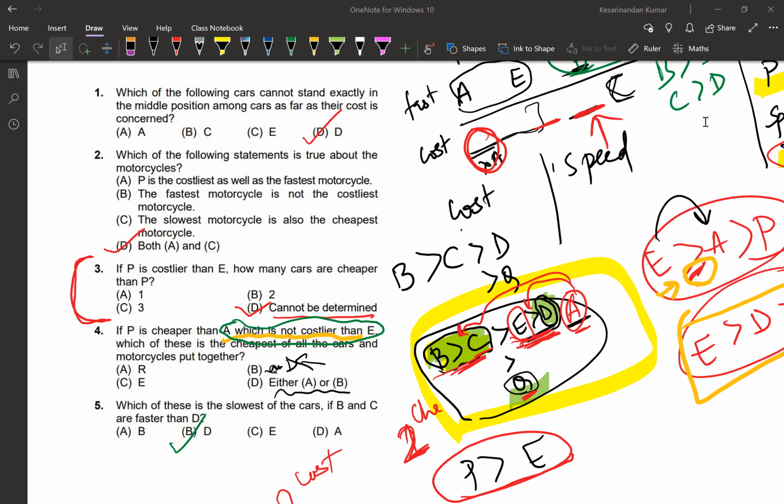I mean, in CAT, out of 4 sets, there will be at least one such question from each set. So 4 questions right and 4 questions wrong makes a difference of 16 marks. And 16 marks is basically the difference between a 99 percentiler in DILR and somewhere between 89, or not even 89, 85 percentiler in CAT.